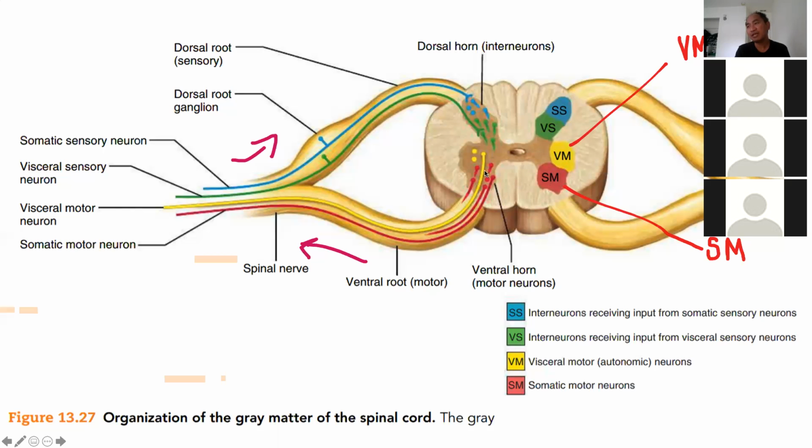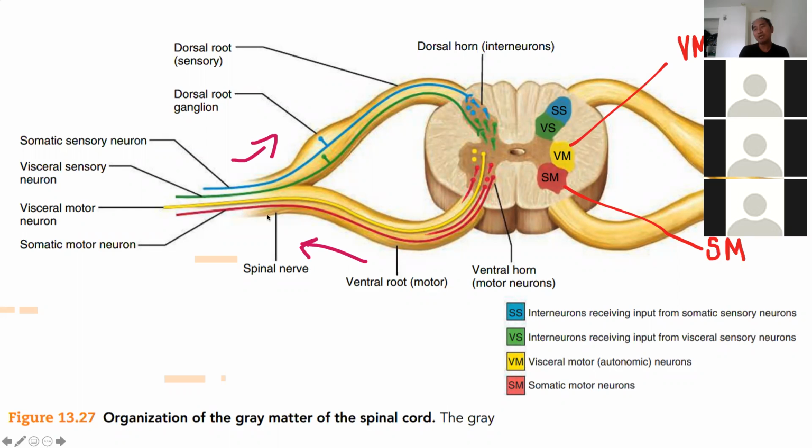From this area, the motor neurons originate and they will come out from the ventral or anterior root, and then they will go to the somatic motor targets, so skeletal muscle, or visceral motor targets, for example the stomach, intestine, and that sort of stuff. So a spinal nerve could be sensory and motor, but the combination of these roots divide and mix, and that is what we call the nerve plexuses.